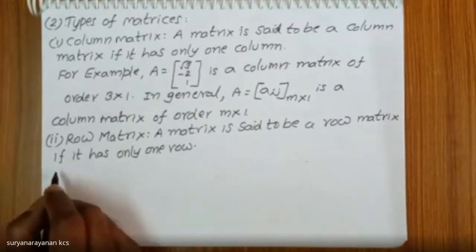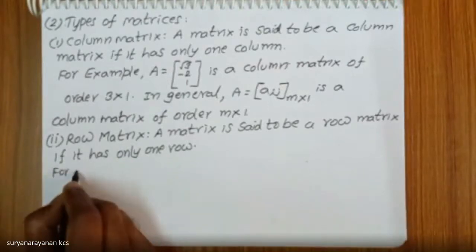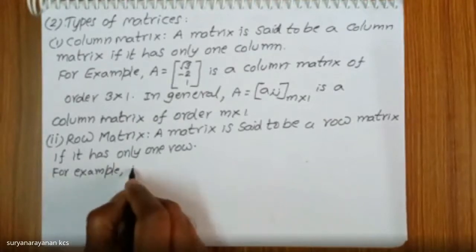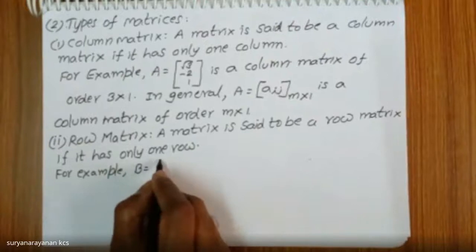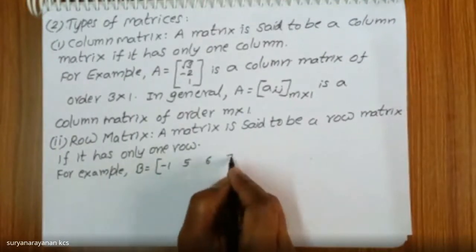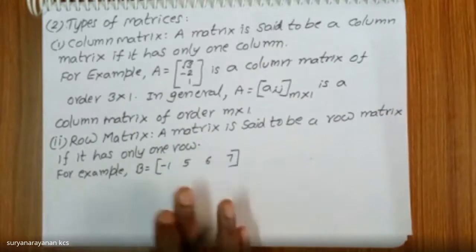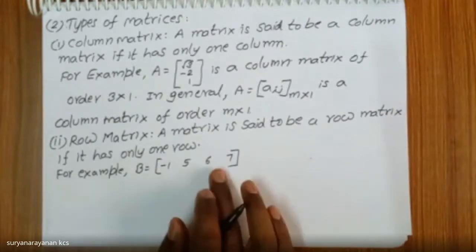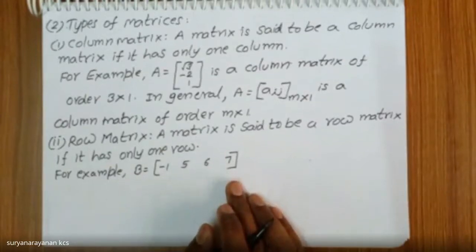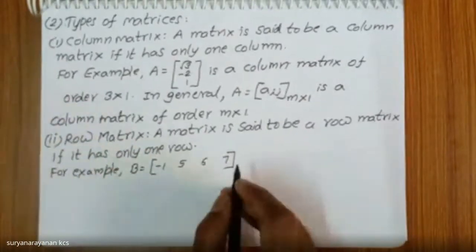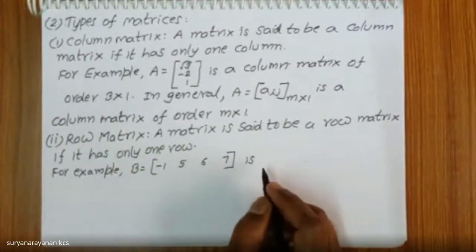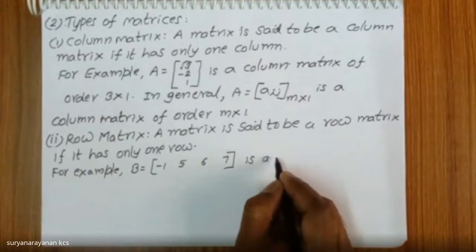For example, if you observe this matrix carefully, how many rows are there? One, sir. Yes, one and only one row. So this is an example of a row matrix.